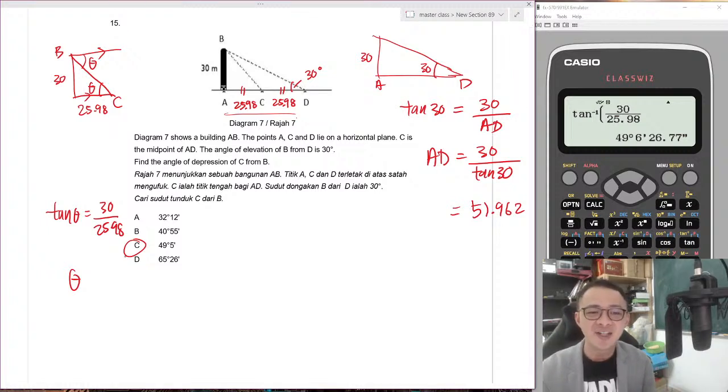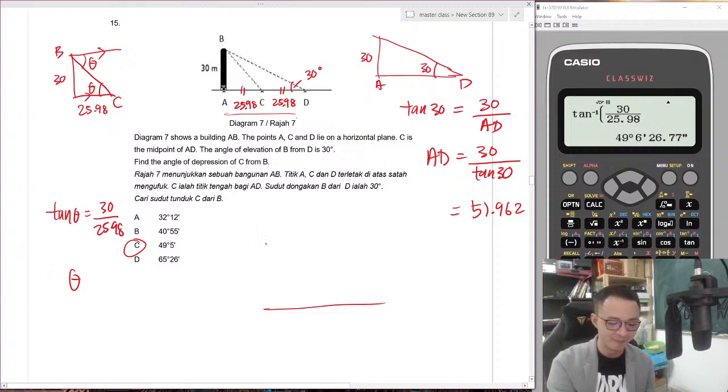Is angle of elevation equal to angle of depression if the sides are the same? Yes, I can say somehow it's equal, because basically you can see this one is what we call angle of elevation. Let's say it has the same side lah. This one is angle of elevation.